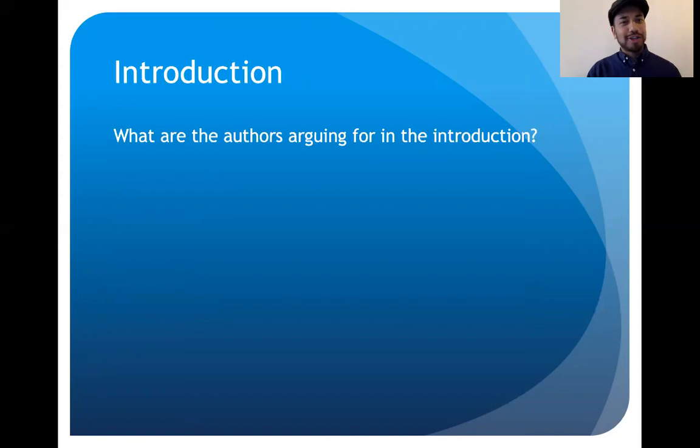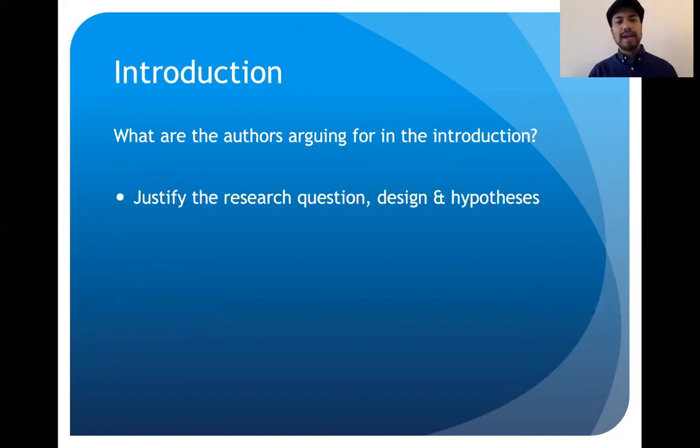Now, the introduction. What are the authors arguing for in the introduction? Well, the entire introduction serves to justify the research question. You're basically saying, hey, my research question makes sense. You're justifying your design, saying, hey, the way I decided to investigate my research question also makes sense.